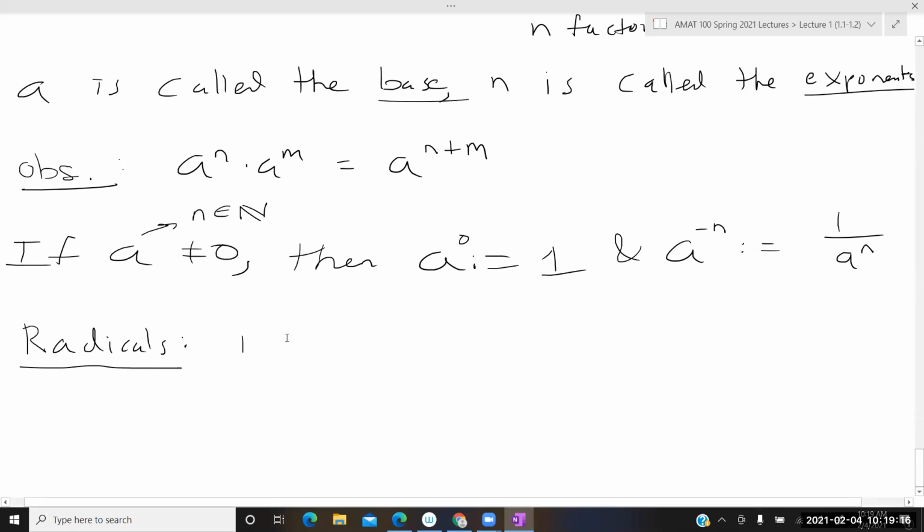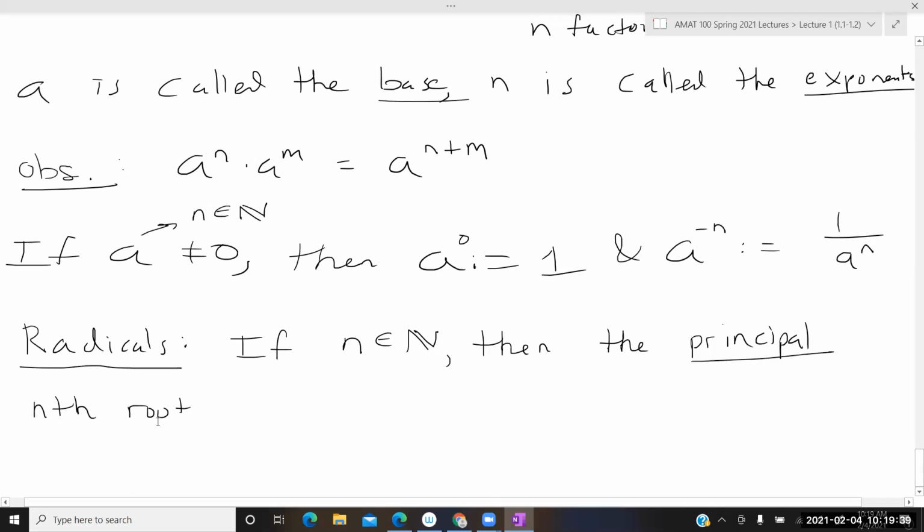So if n is a positive integer or natural number, then the principal nth root of A is defined to be this.